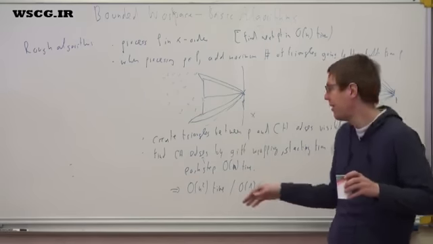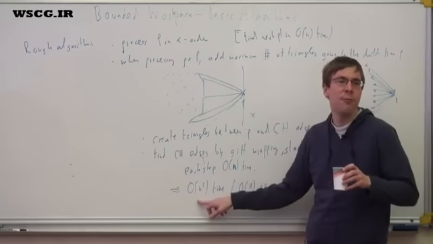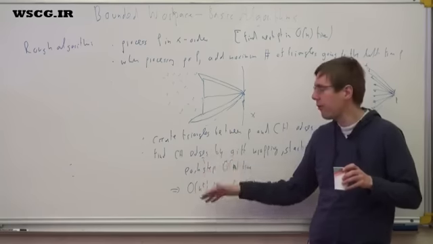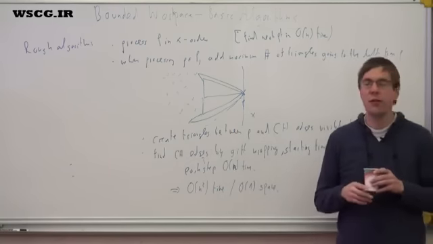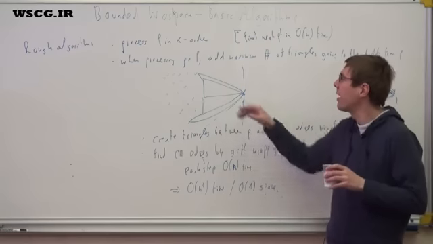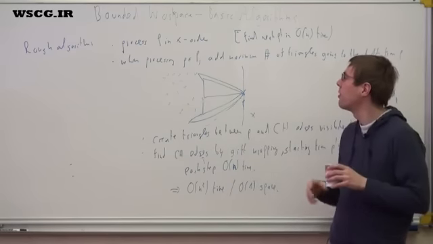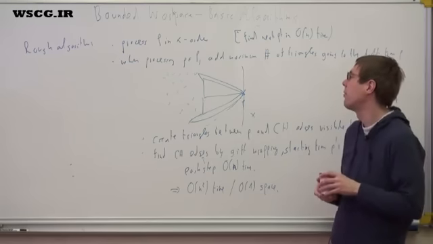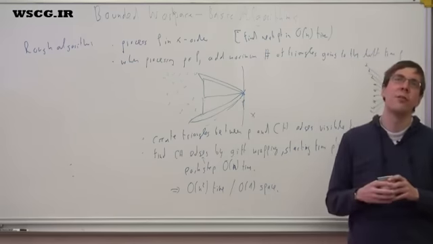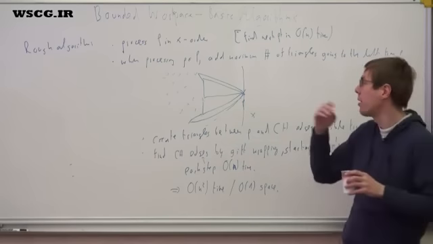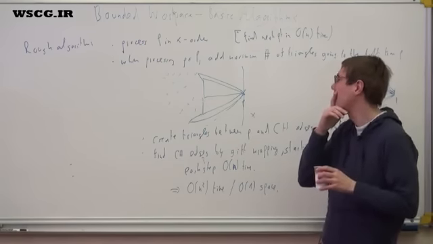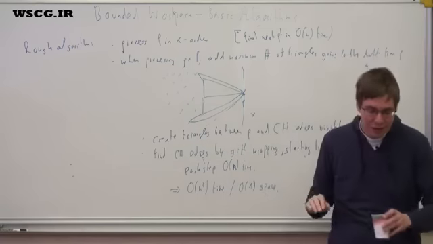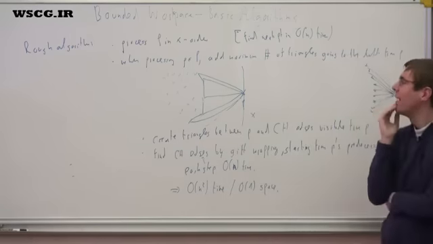This is a kind of result we're happy with because it matches the time that we needed for convex hulls. So finding the triangulation is not much more difficult than finding the convex hull. At least in this case, if we know the edges of the triangulation, we can also identify, I think, the edges of the convex hull. I'm not sure that's so clear in this model.